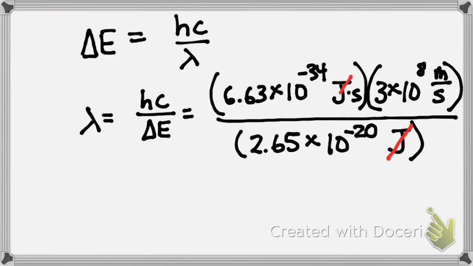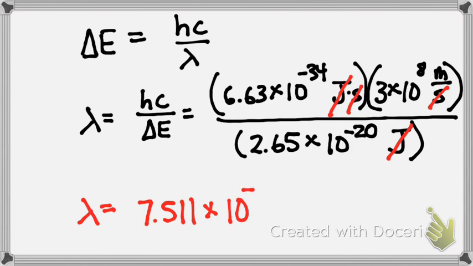Joules cancel, seconds cancel, and my answer will be given in meters. And when we simplify this, we get an answer of 7.511 times 10 to the minus 6 meters.